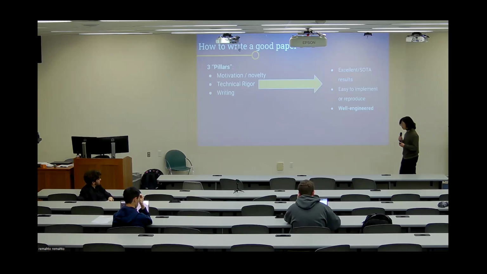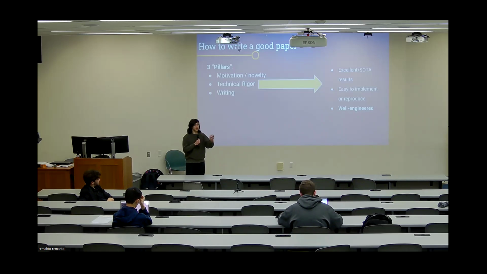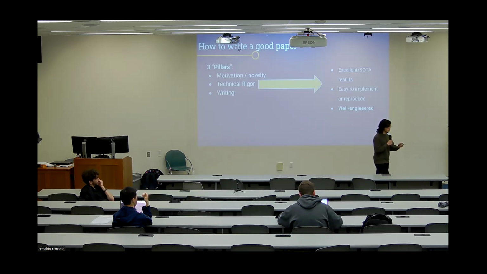Or if your paper is really easy to implement or reproduce, right, then it's more likely that people will want to cite your paper and want to use your work. And then it is more likely to get cited more and more likely to get published to a good conference.